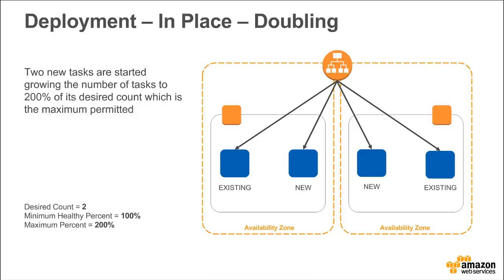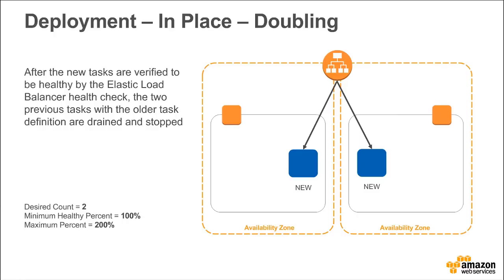The next thing it's going to do, once those tasks register with the load balancer and are deemed to be healthy, is it's going to stop the existing tasks. So that's a deployment where we're doubling the size of our cluster. We're using health checks to ensure that our new tasks are healthy, and then ECS will stop the pre-existing tasks and bring us back to our desired count of 2. So that's a pretty standard way to deploy on ECS.